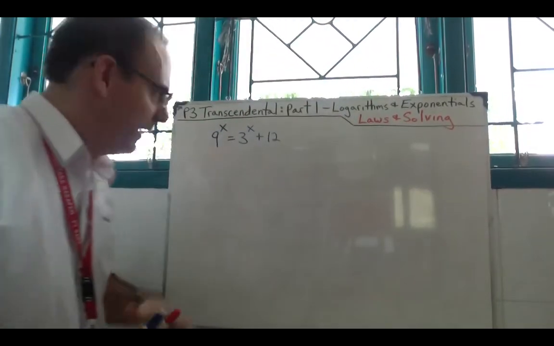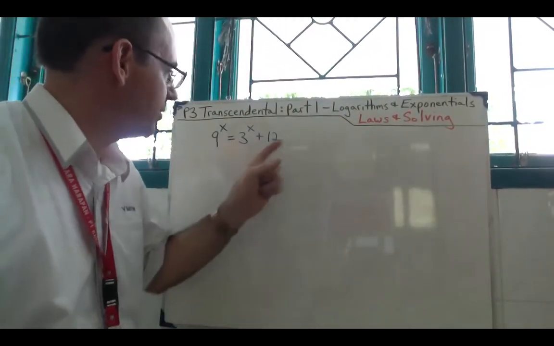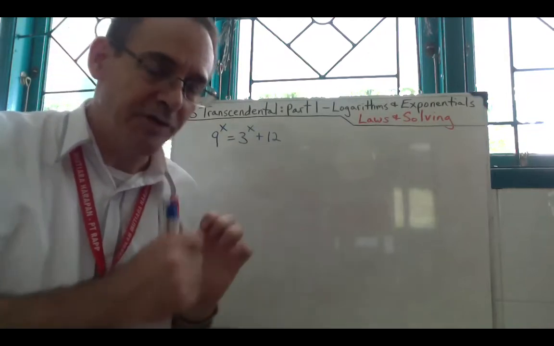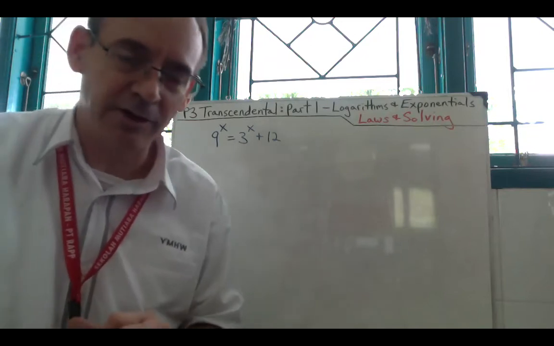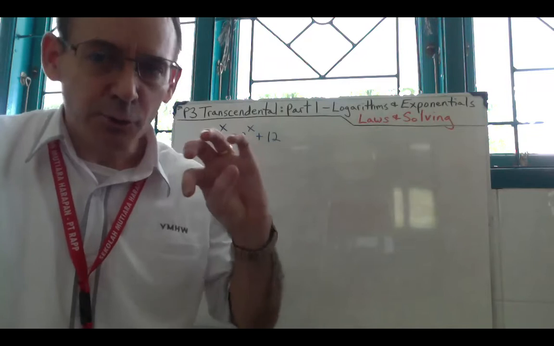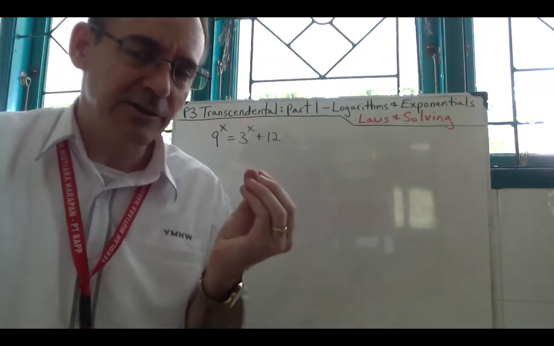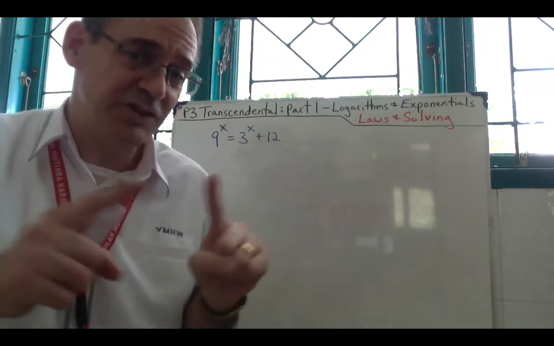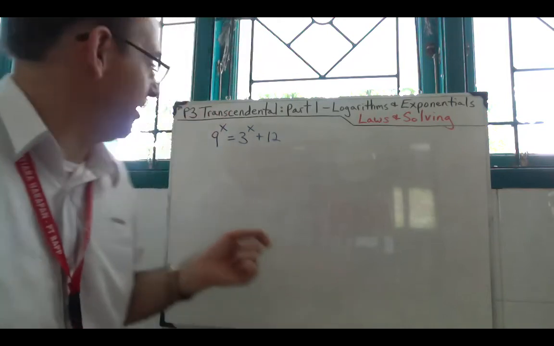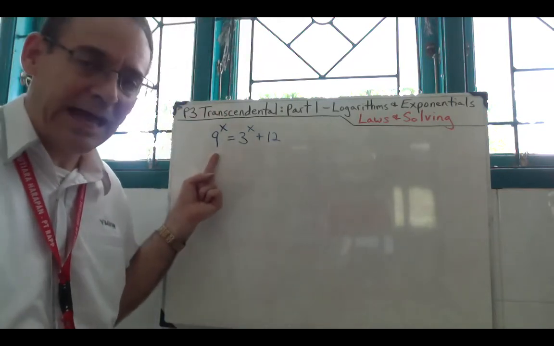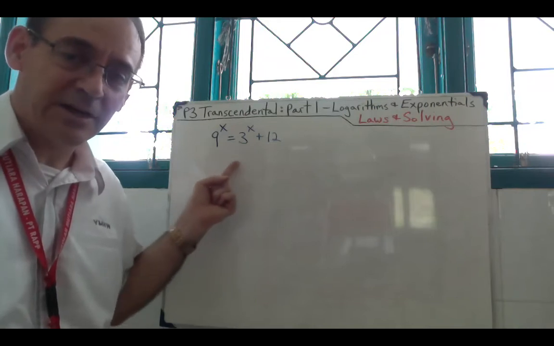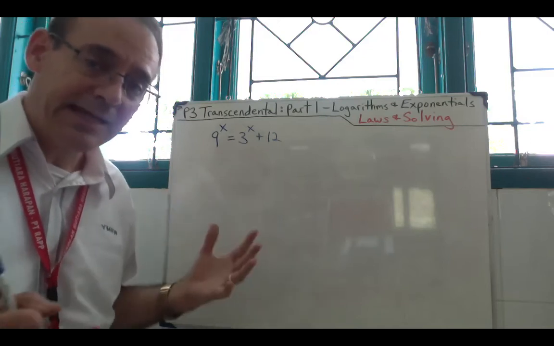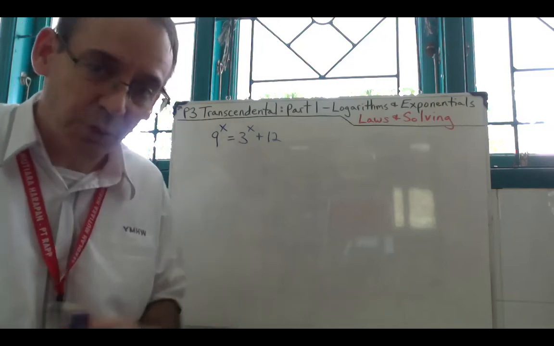Here we have 9 to the x equals 3 to the x plus 12. Now, one very important thing that you need to remember with both exponentials and the arguments of logarithms is you can reshape any particular number into a base and an exponent, especially if you see a common base. So here we see the number 3 and the number 9. They both have a common base of 3, or we can change 9 into base 3. 9 is the same thing as 3 squared.